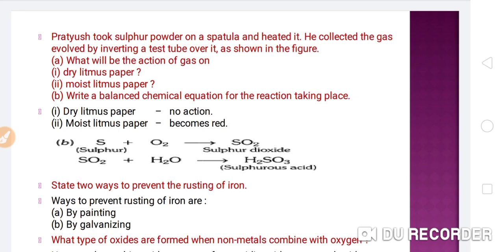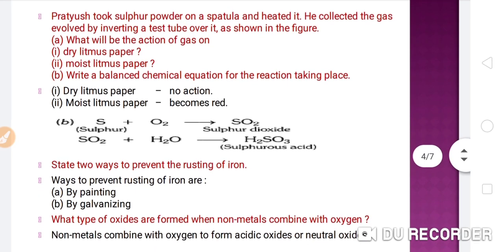And write a balanced chemical equation for the reaction taking place. So let's see what the answers will be. The first answer: on dry litmus paper there is no action, but moist litmus paper will turn red.